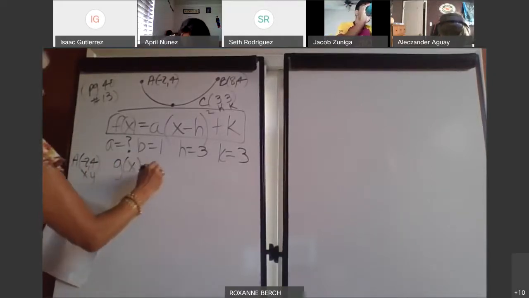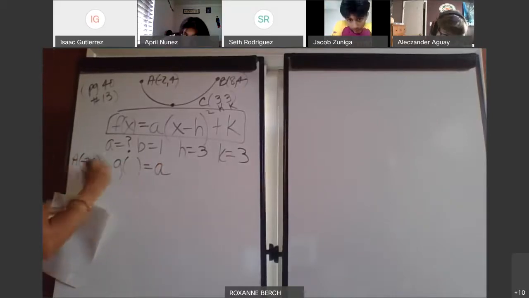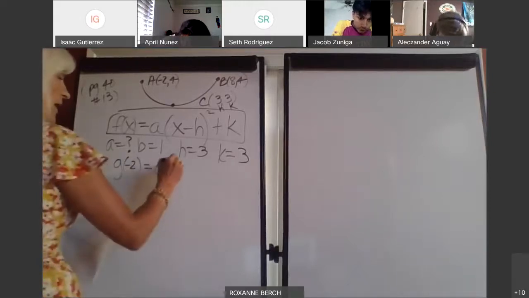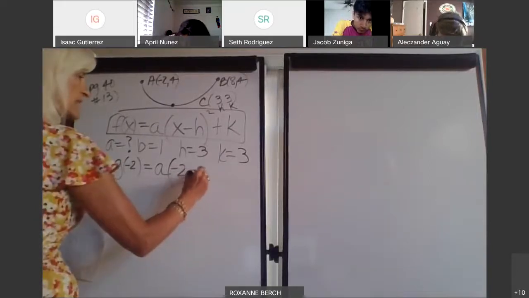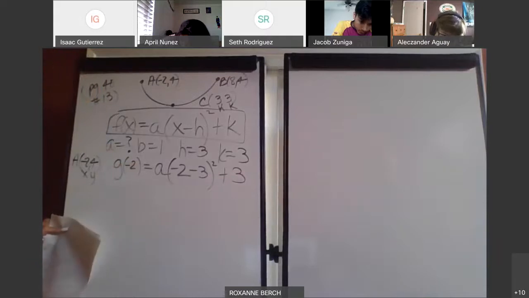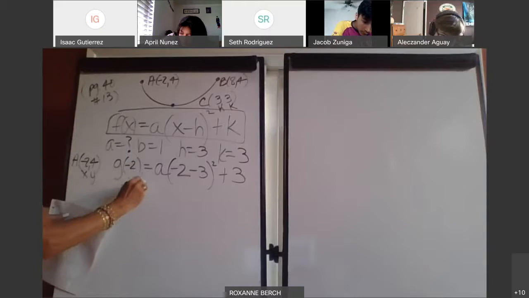So we don't know what a is. And for x, I'm going to put -2. So wherever I see an x, I'm going to put -2 minus h quantity squared plus k. So like I said, this is a label, which means y.